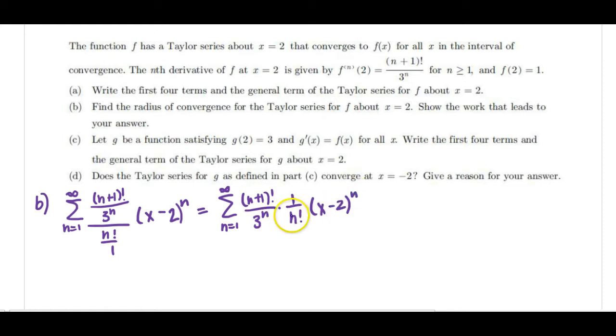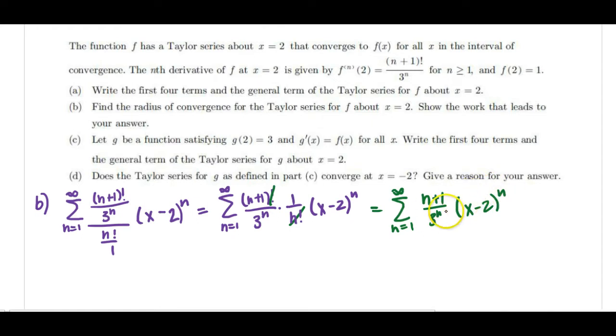I'm showing all this so we can see that the n factorial on the bottom will cancel with the factorial part on the top of (n plus 1) factorial, so all I have left is the sum from n equals 1 to infinity of (n plus 1) over 3 to the n times (x minus 2) to the n.